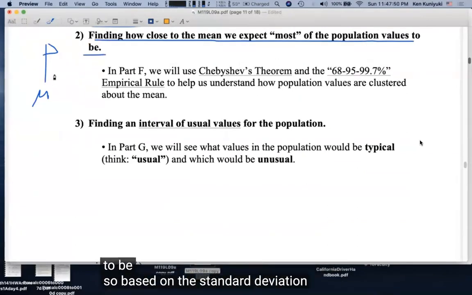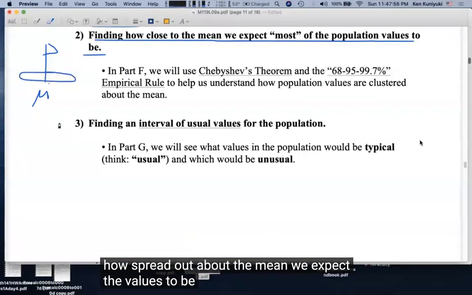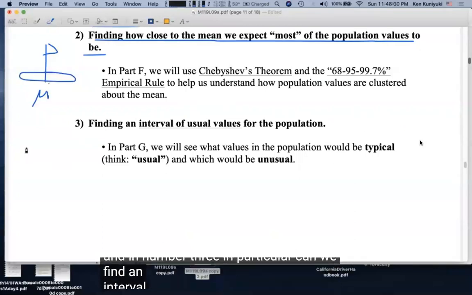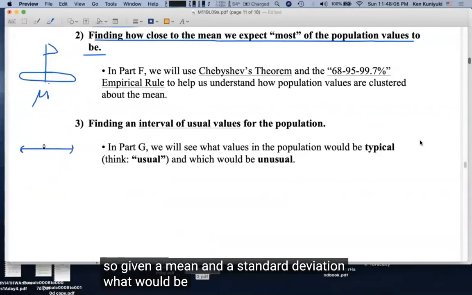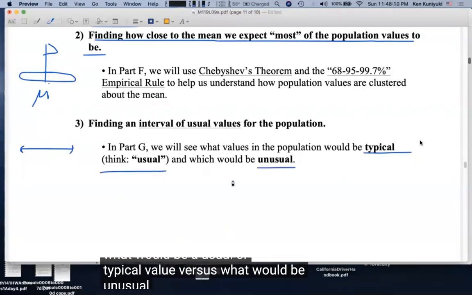So based on the standard deviation, how spread out about the mean would we expect the values to be? And in number 3, in particular, can we find an interval of usual values for the population? So given a mean and a standard deviation, what would be a usual or typical value versus what would be unusual?